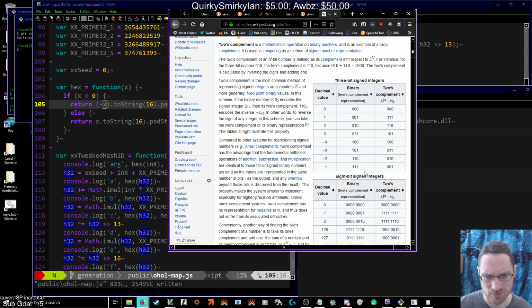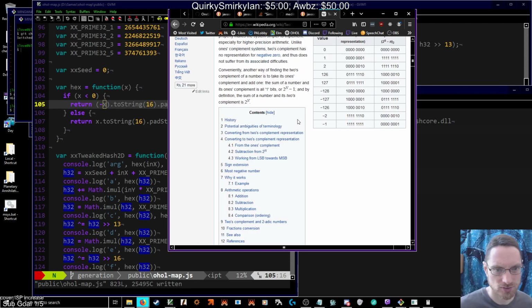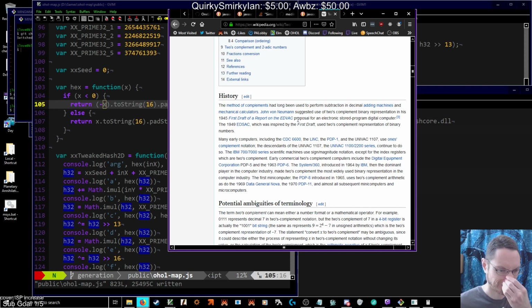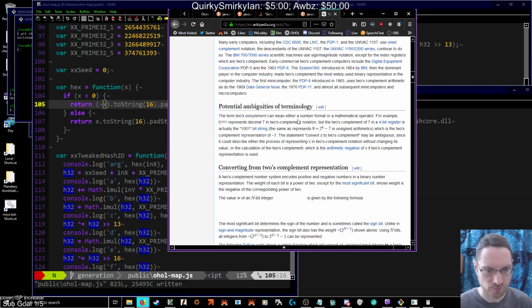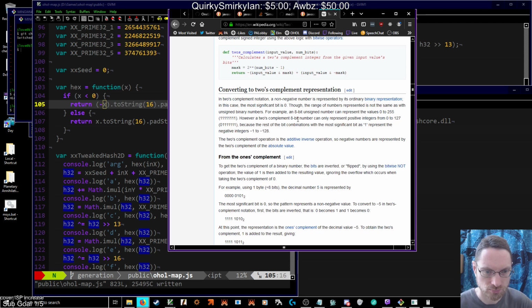Yeah, so the conversion, converting to two's complement representation.